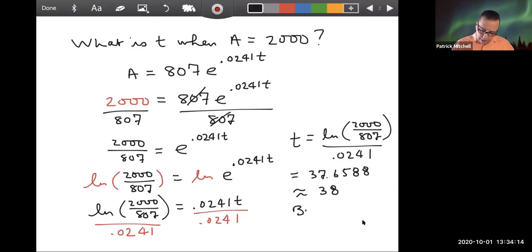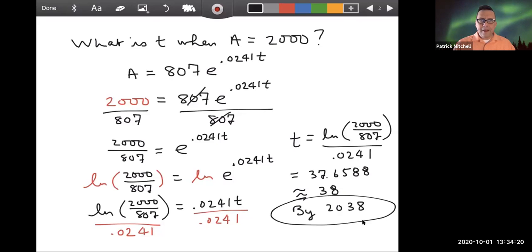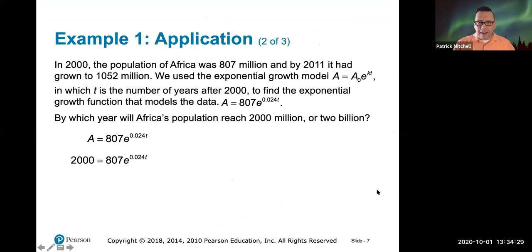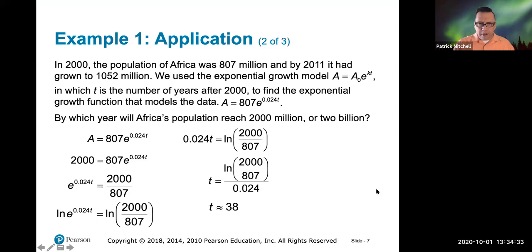That means by the year 2038. Okay. It's not too hard, especially once you get used to it. All right. So this all looks familiar.